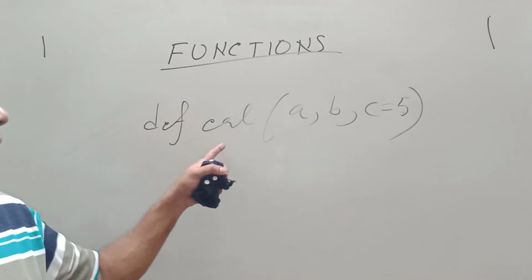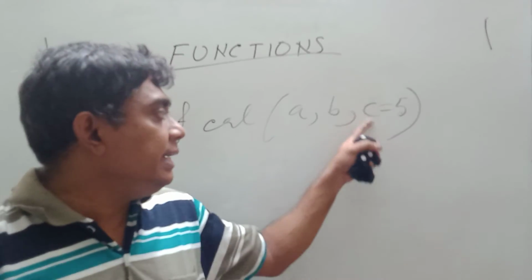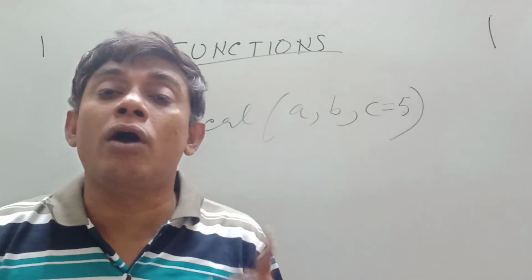You write def cal, the name of the function, A comma B comma C equal to 5, this is the default argument.